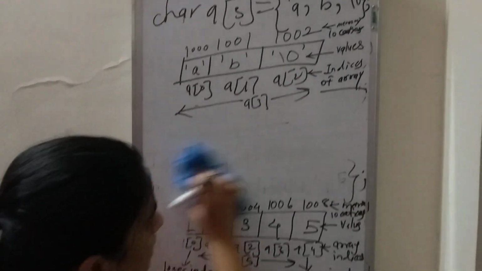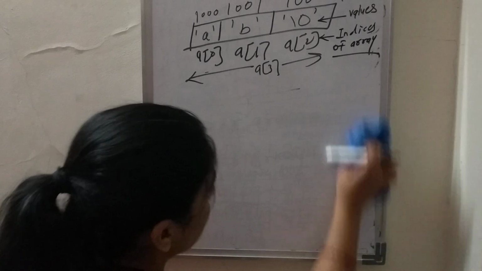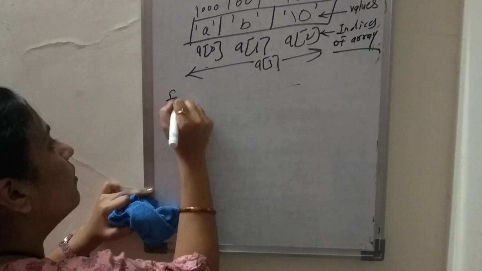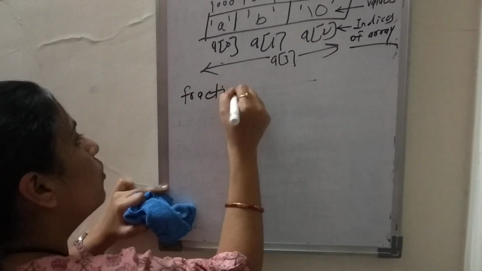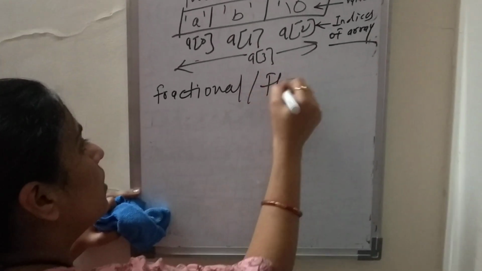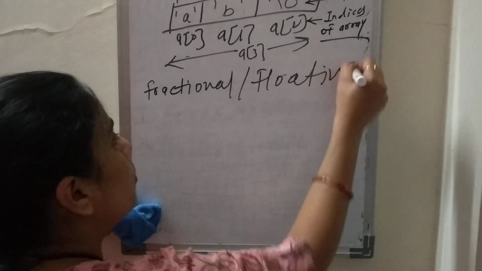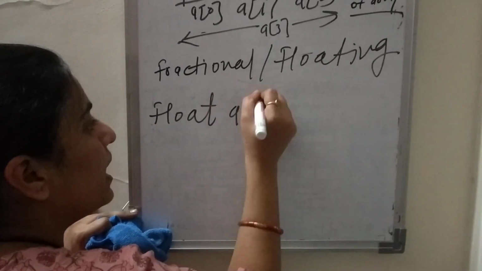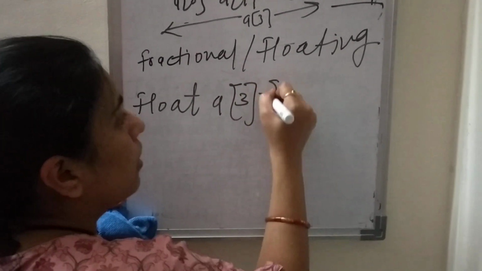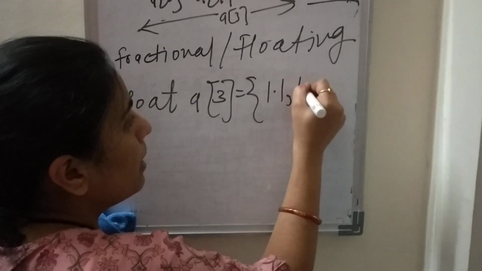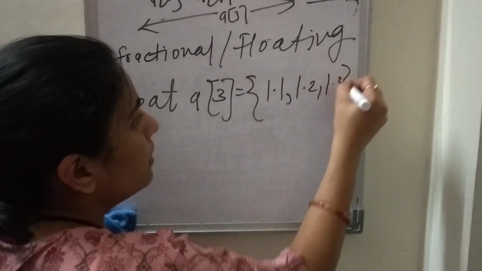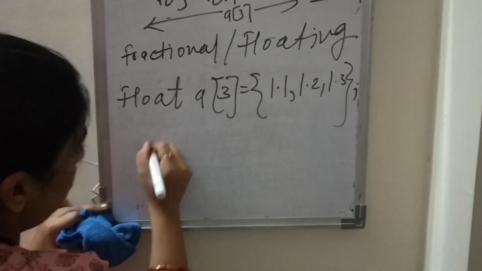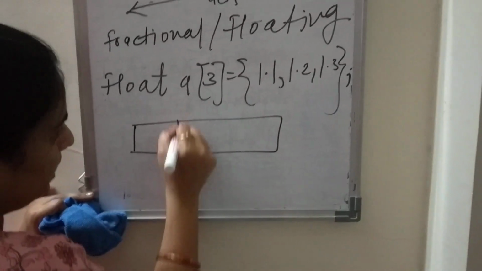Now we will discuss memory mapping of fractional values. Look here, fractional, that is floating point array. Look here, float A of 3, 1.1, 1.2, 1.3. Now how will it be represented in memory?